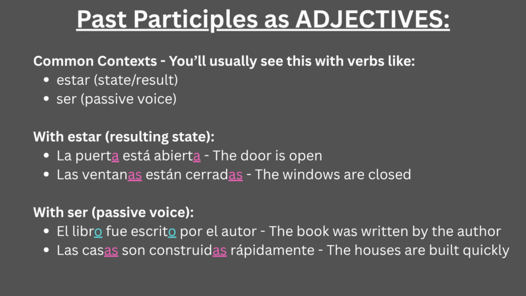Las casas son construidas rápidamente. Ultimately, if we're describing the result or state of something, we need agreement in adjectives. But if we say what happened, we use a tense. So, this is how the present perfect and past participles fully work in Spanish.